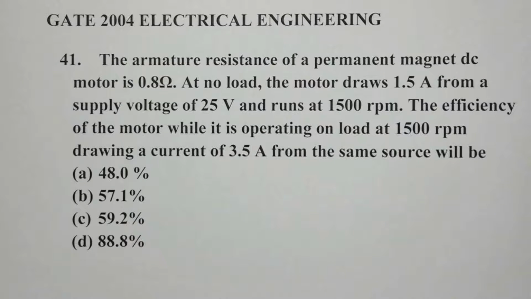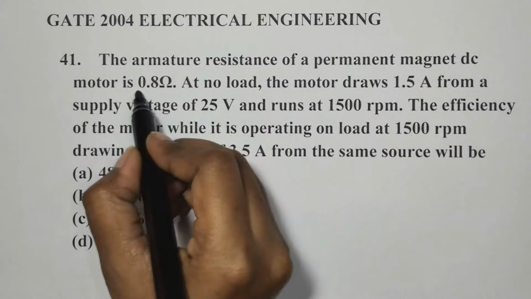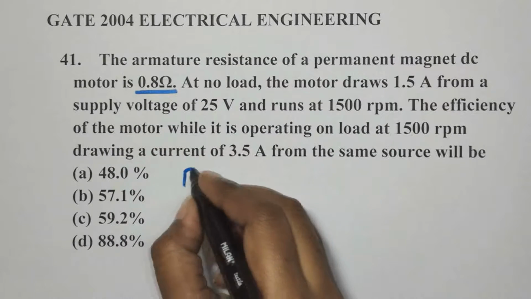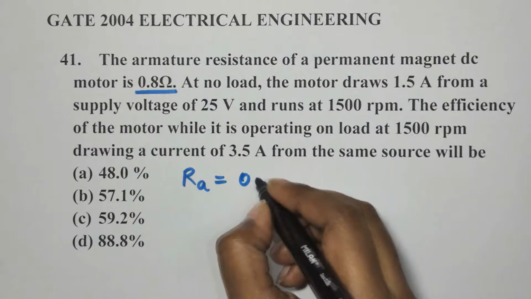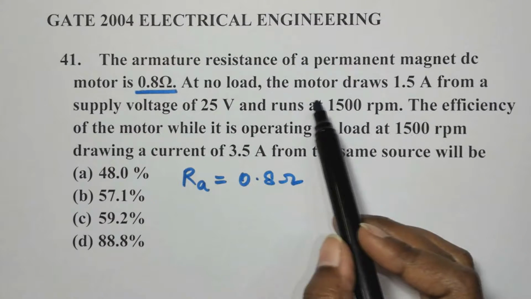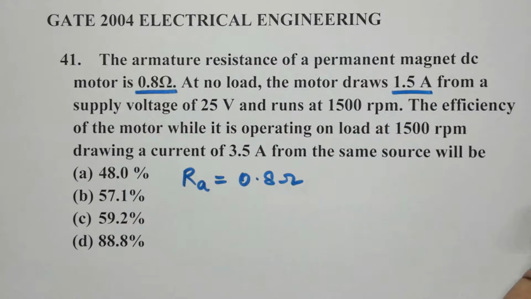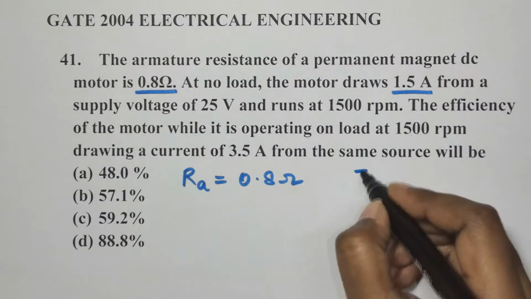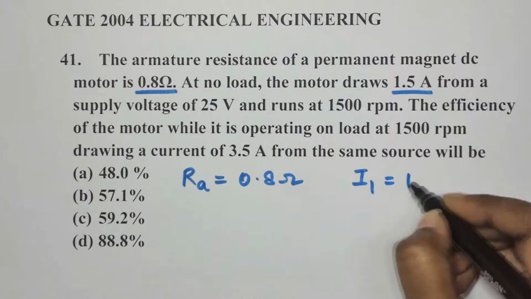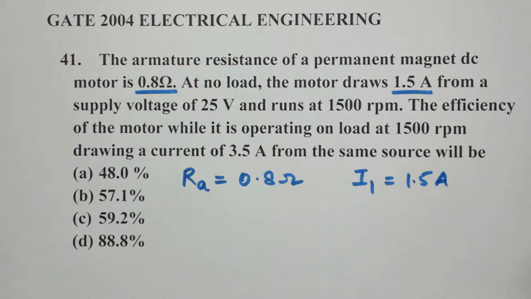So let's start by writing down what's given to us. So here we have the armature resistance given as 0.8. Then we have the current drawn as 1.5 amps at no load. So let's call that I1. Okay, so this is 1.5 amps.